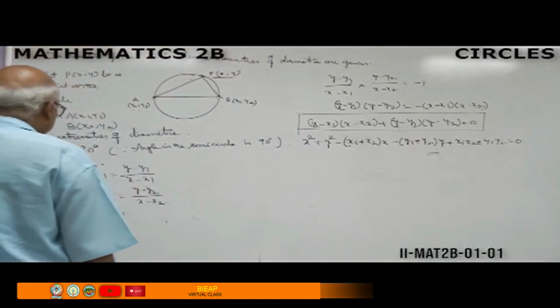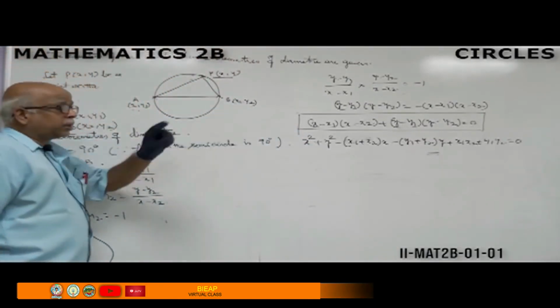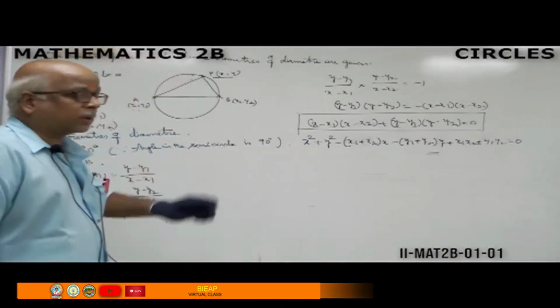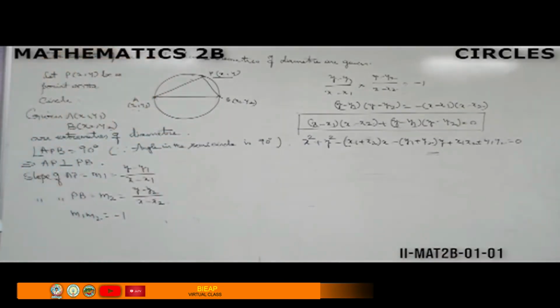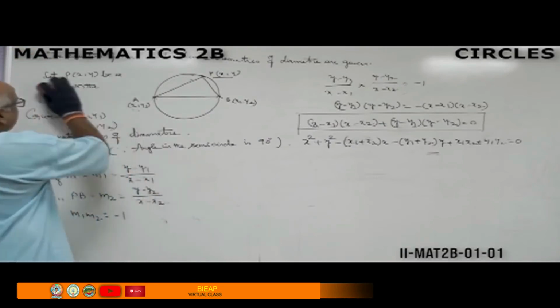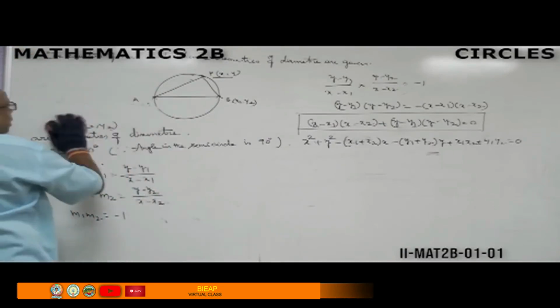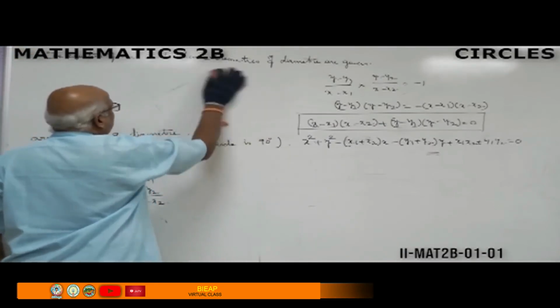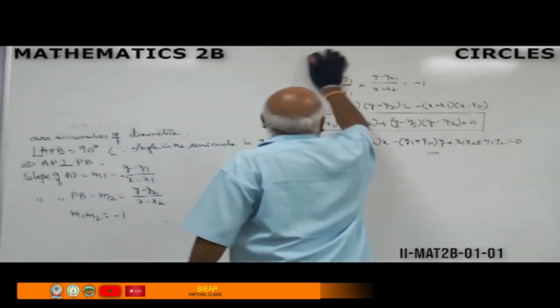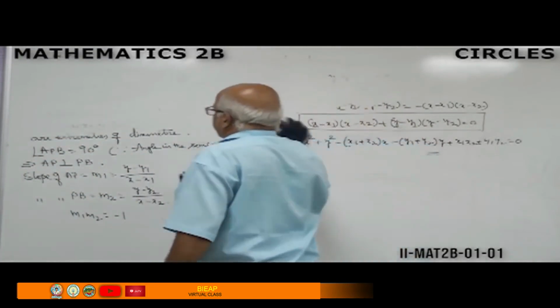However, when extremities of diameter are given, we can find the equation of the circle using this one. In the entire circle chapter, these three are the main important theorems which we in general will apply to find the equation of the circle in different conditions.